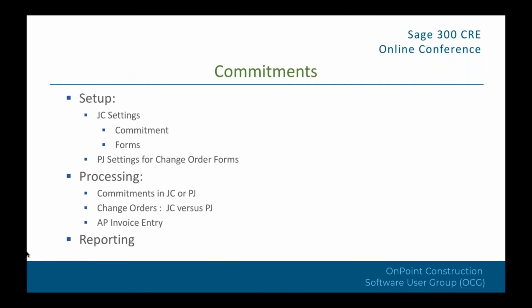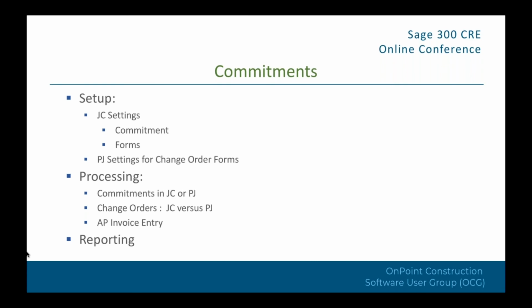So on commitments, there's a few settings in JC settings for the commitment and the forms, and then in PJ there's some settings for the change order forms if you're using PJ.